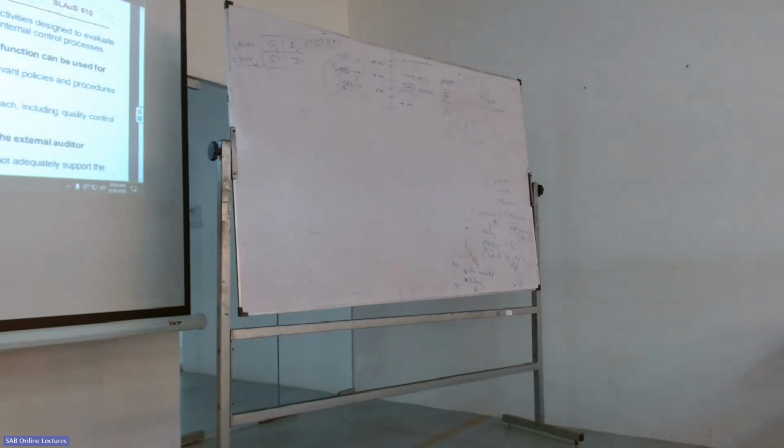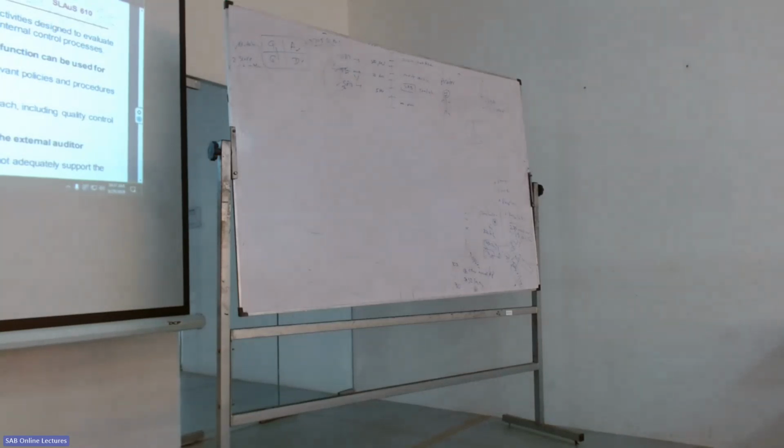The external auditor focuses on issuing an audit opinion about the subject matter, basically the financial statements. But the internal auditor's perspective is to enhance the control efficiency in the organization, right?